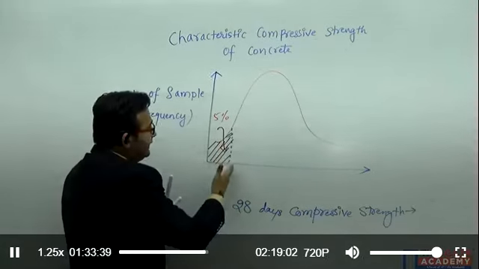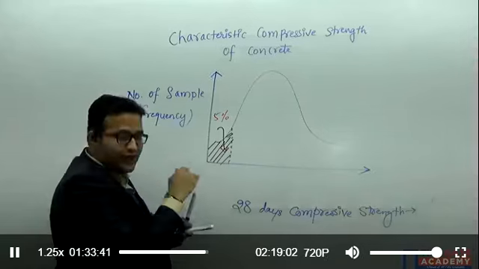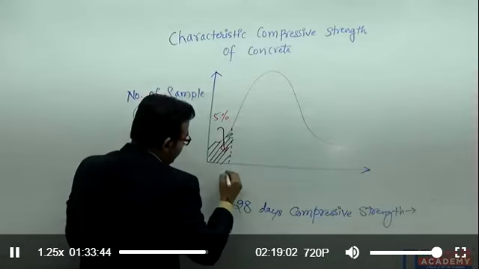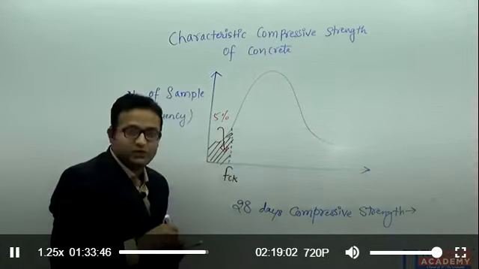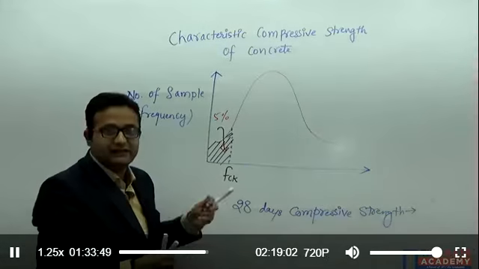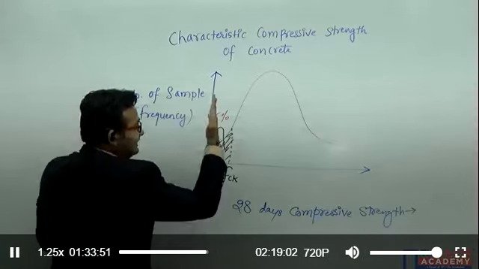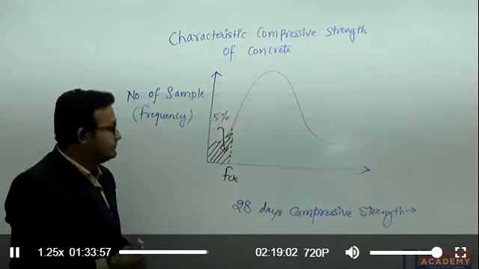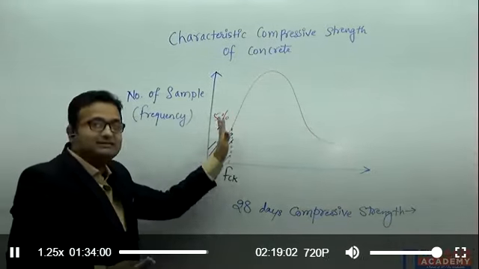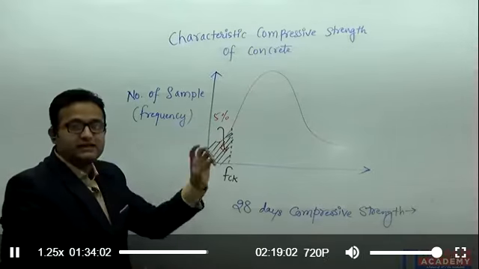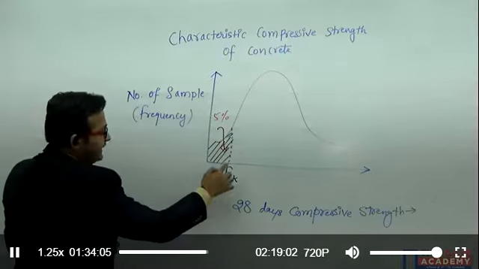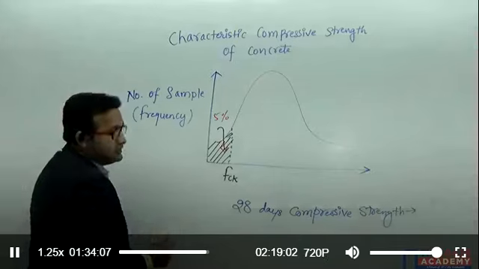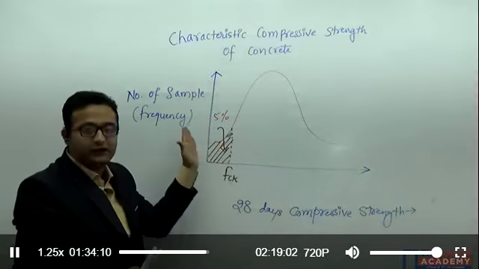So the strength corresponding to the 5% chance of failure is called the characteristic compressive strength of concrete. This we have already written in the definition. Means this is the characteristic compressive strength of concrete below which the strength will be less than FCK, and this chance is 5%. This is the FCK. Only 5% of the cube results are expected to fall.